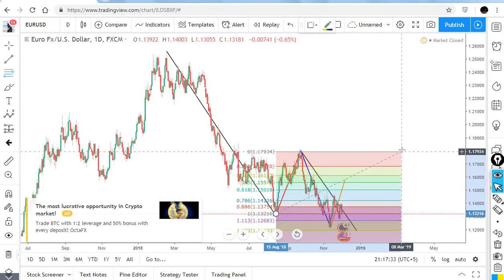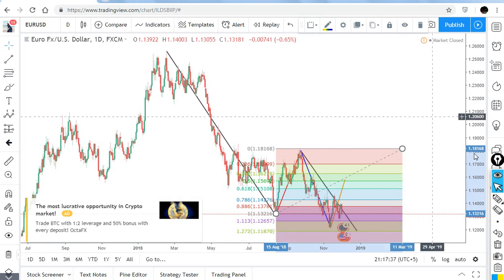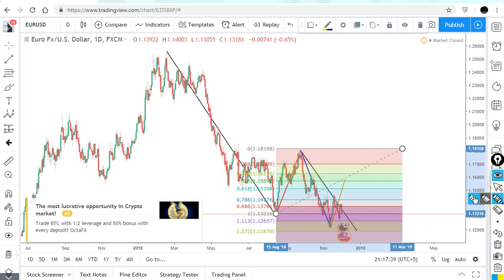So you will see the future extension. Now where is the important number of the next wave? That is 1.618, and sometimes in rare cases, depending upon the volatility, it goes to 2.618. I have seen it many times, but 1.618 mostly.